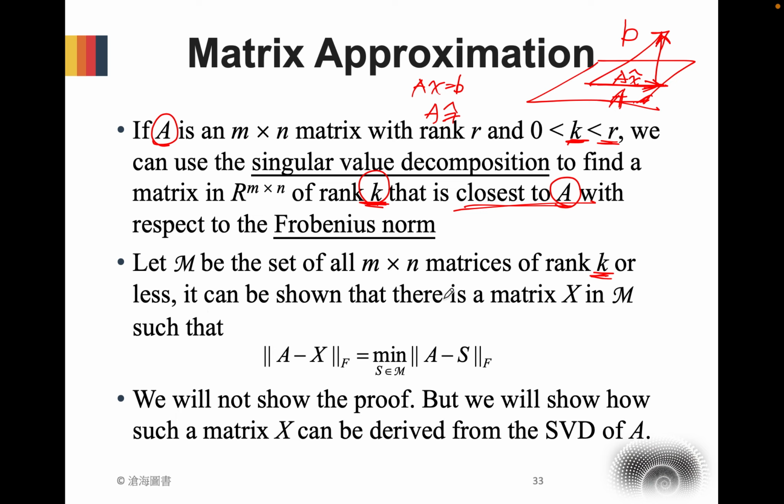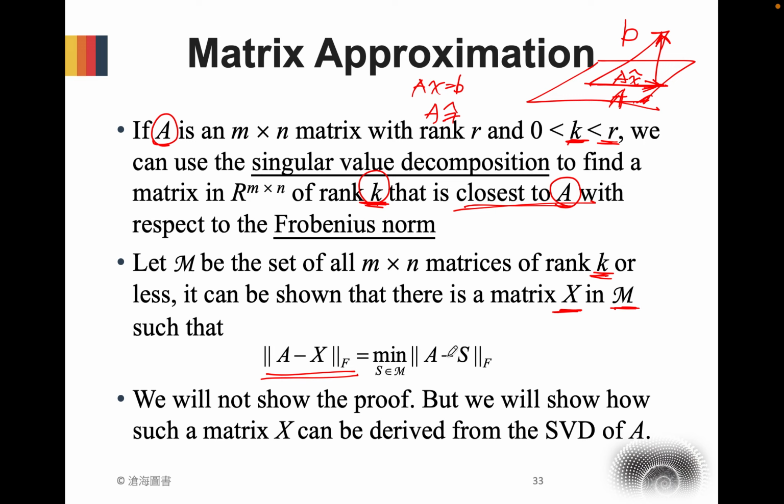It can be shown that there is a matrix X in the set such that the distance between A and X, written as the Frobenius norm of A minus X, is the minimum of all possible distances.